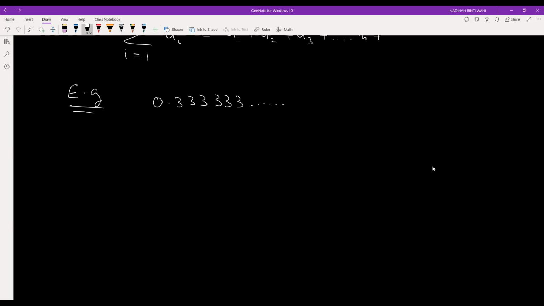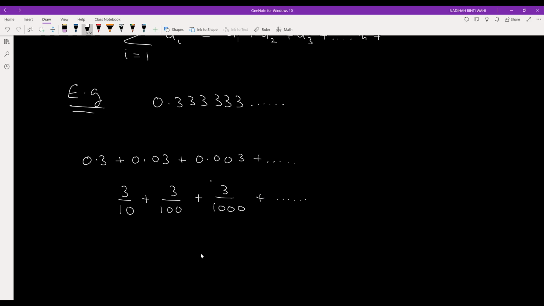I can also understand this as a sequence of 0.3 plus 0.03 plus 0.003 plus and so on. If I want to put it into fractions, I can say this is just 3/10 plus 3/100 plus 3/1000 plus and so on.